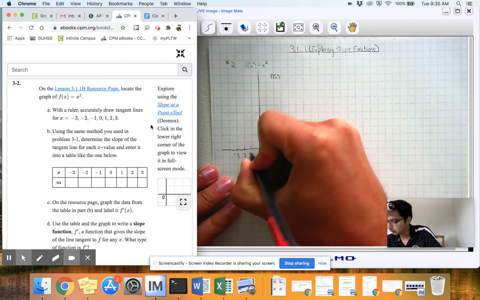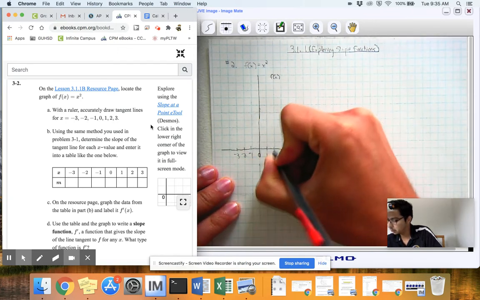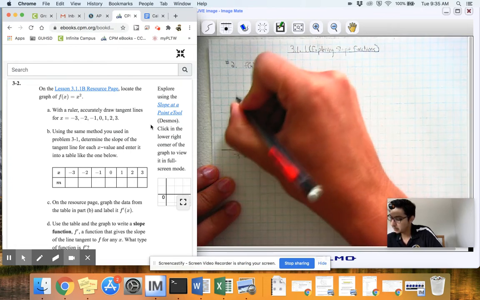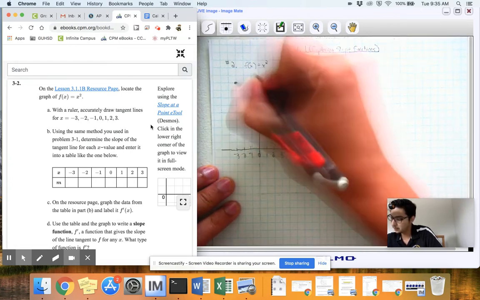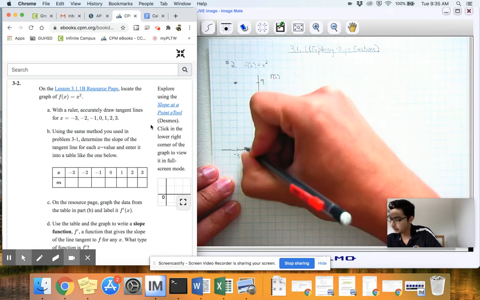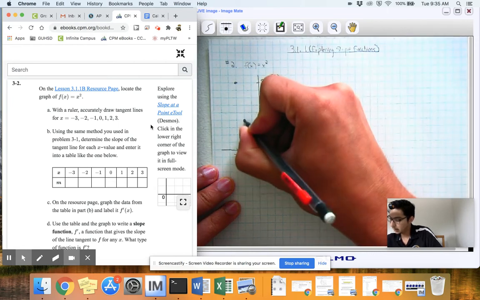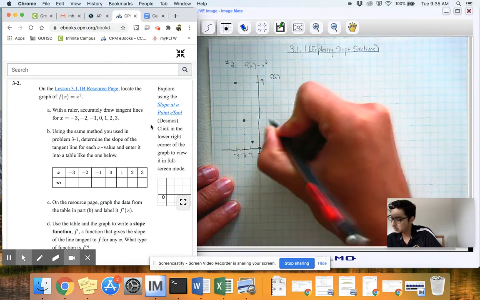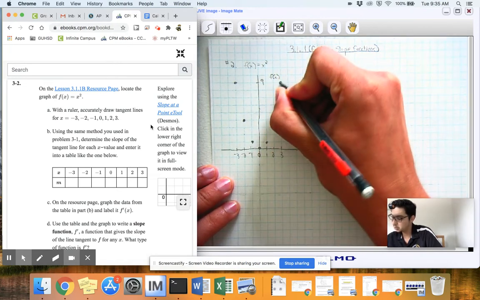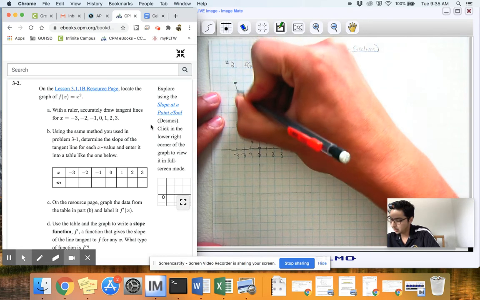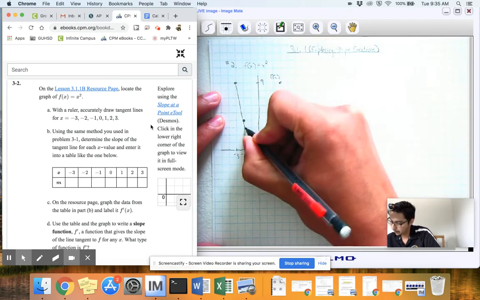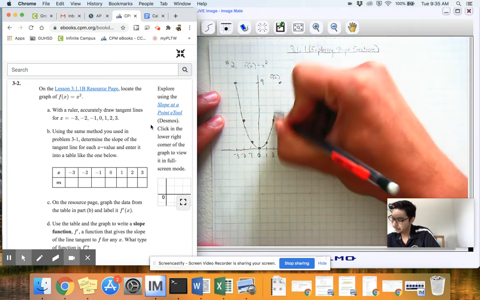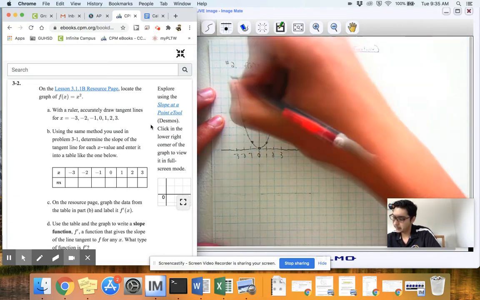At -2 you'd be at 4. At -1 you'd be at 1, then 0, and it's symmetric over the y-axis. I'll make my curve like so.